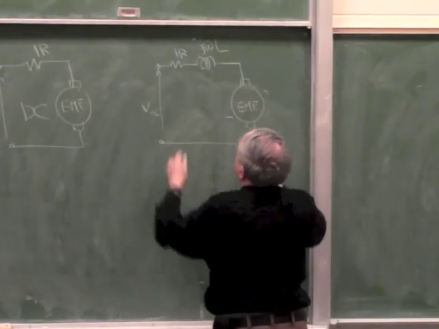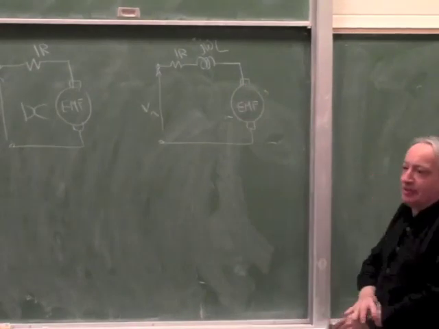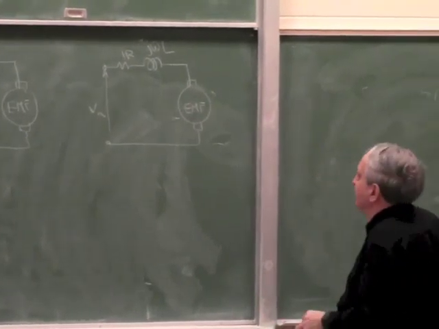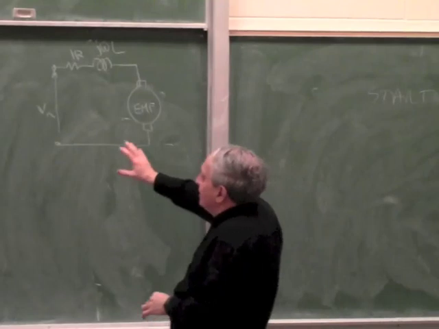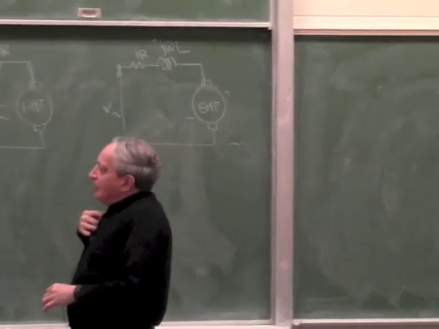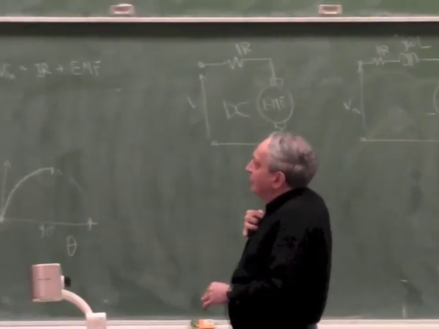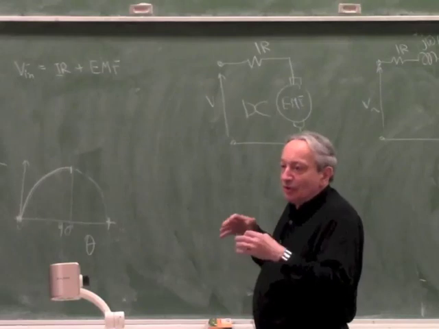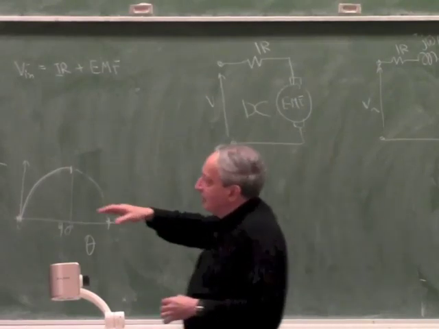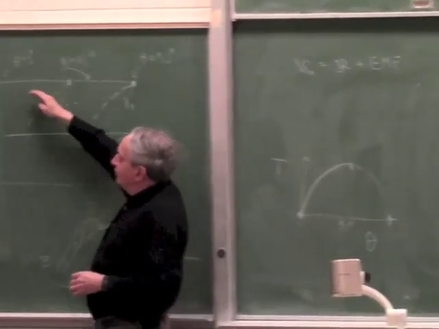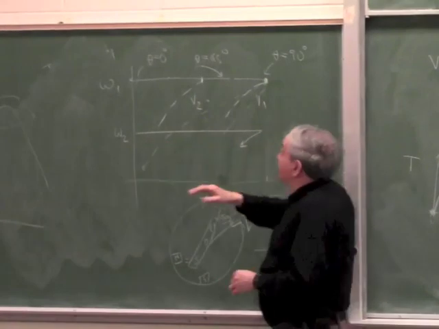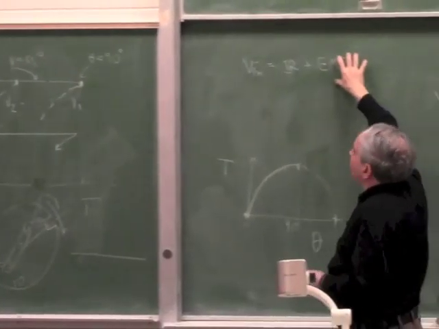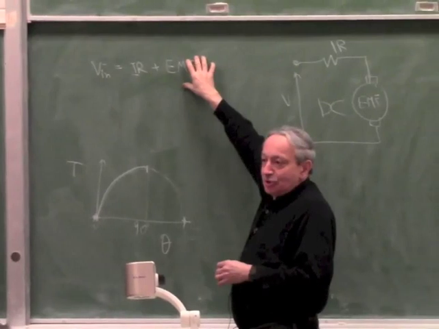And I don't want to get too much into the electrical engineering part because I know most of you don't have the background. So the general idea still looks the same. What that means is that if you lower the speed of the motor, like instead of omega 1 you give it omega 2, the back EMF will go down proportionally.